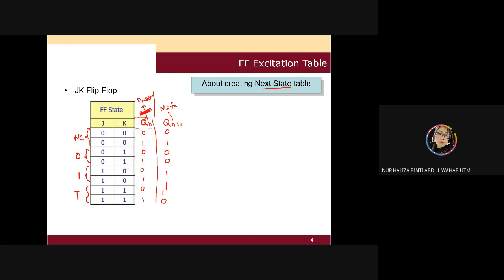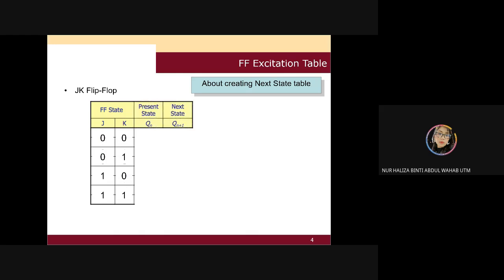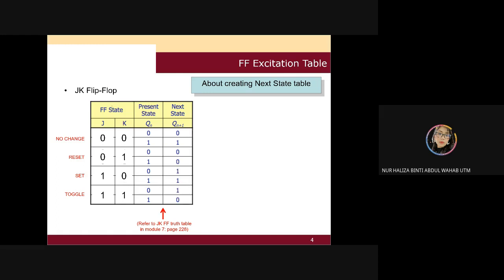So we're going to have it like this. No change: previous is 0, next will be 0 because no change. Reset, everything will be 0. And set, it will be 1. And toggle will be like this.